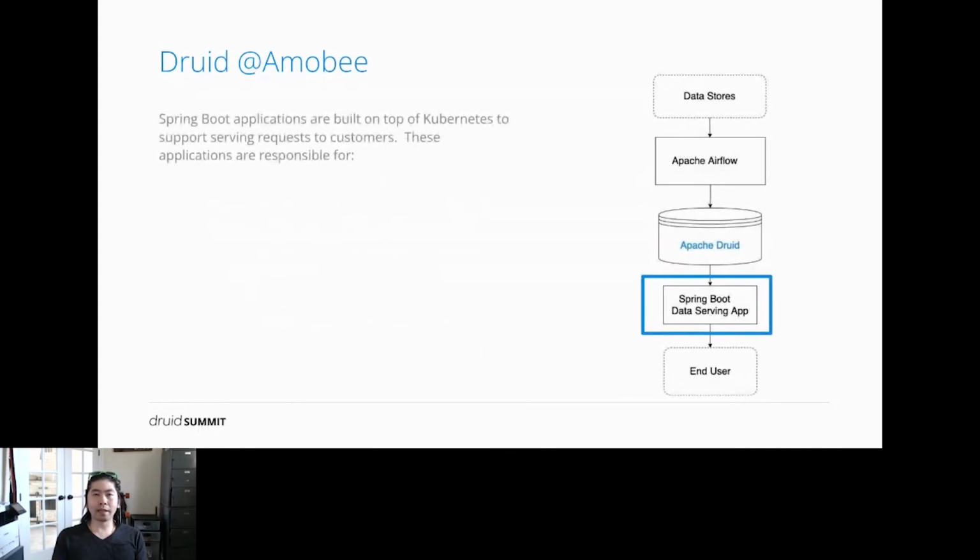So the last tech piece in our pipeline is a Spring Boot application that we built on top of Kubernetes. It's responsible for serving data to the customer. Our customers don't necessarily know SQL or the native Druid queries.